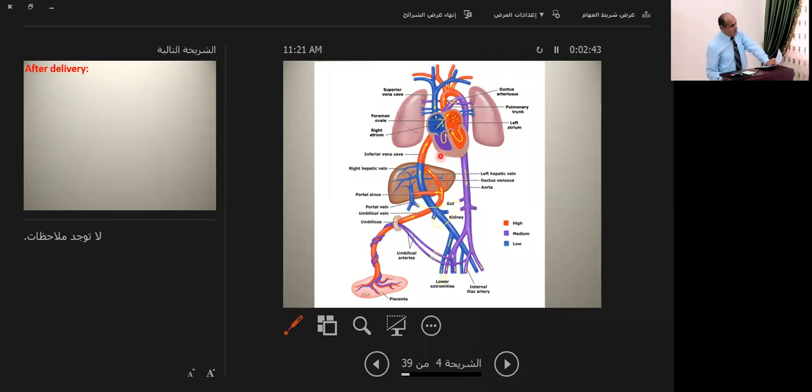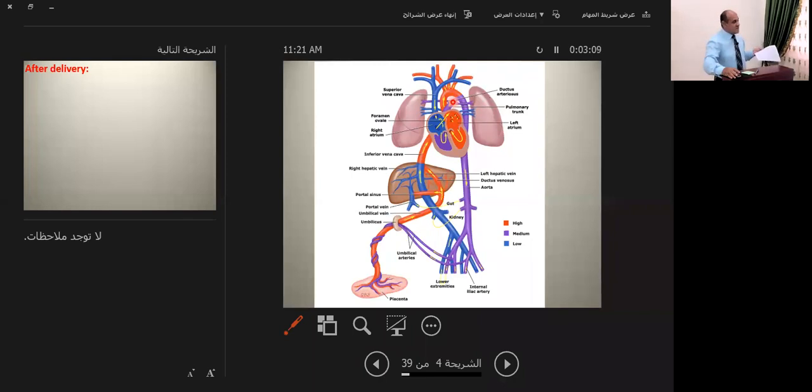And from the left atrium, to the right atrium, sorry, and from the right atrium, this blood will be ejected through the ascending aorta. In the ascending aorta, there is the ductus arteriosus present. Because of the pulmonary vasoconstriction, the blood does not go to the lung.